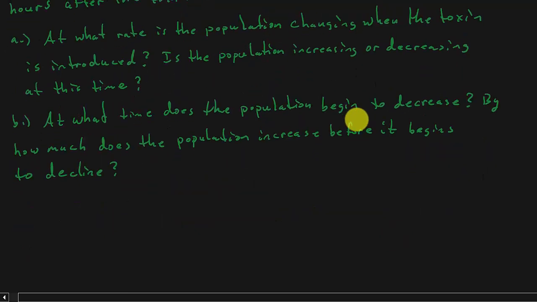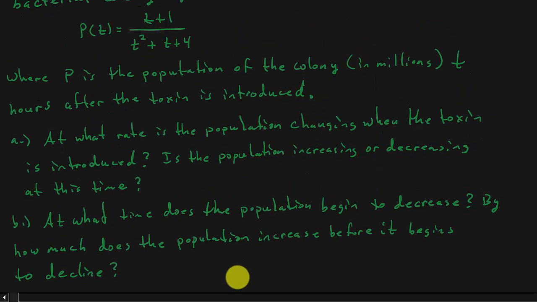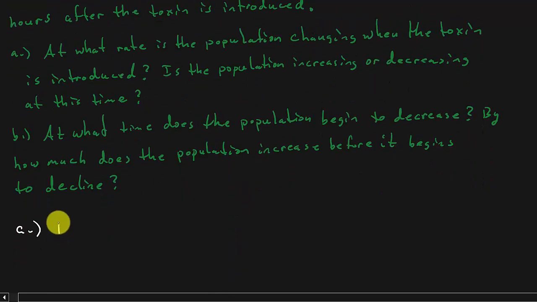All right, so let's look at part A. So let's write our function down. We've got P of t is equal to t plus 1 over t squared plus t plus 4.